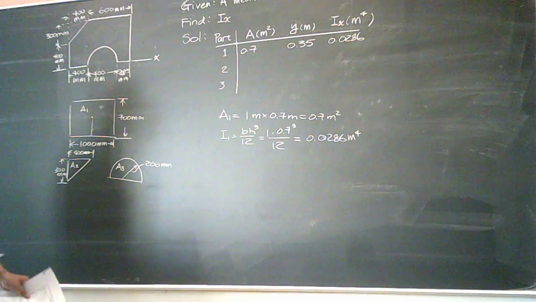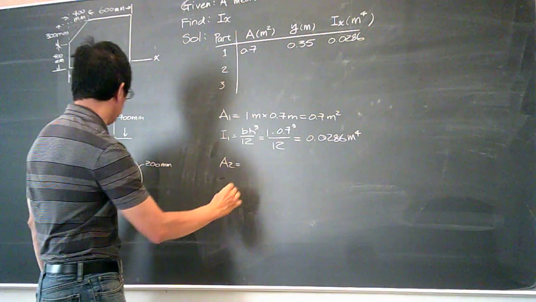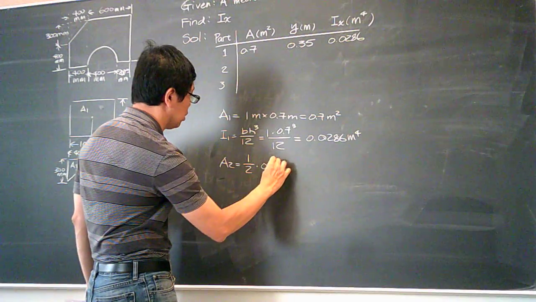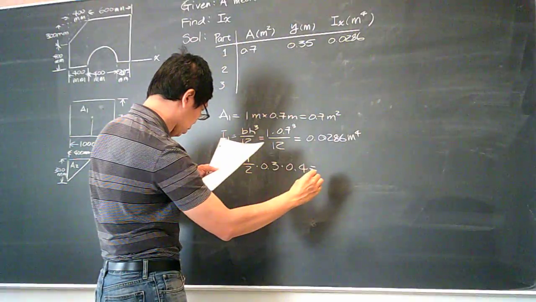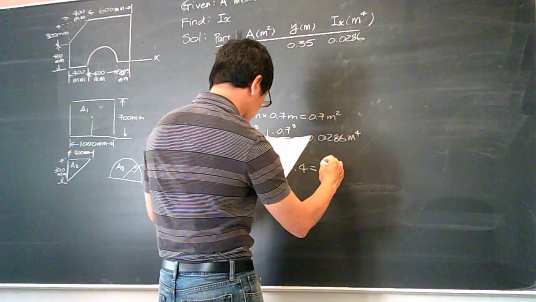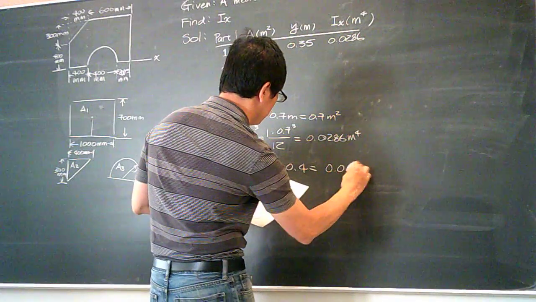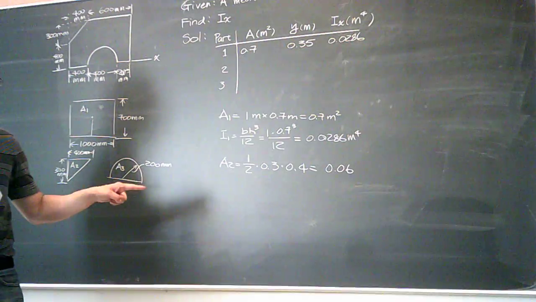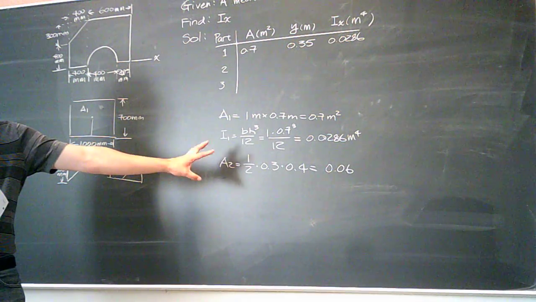Okay. A2 is going to be 1/2 times 0.3 times 0.4, that is 0.06. However, is this an addition part or a subtraction part?